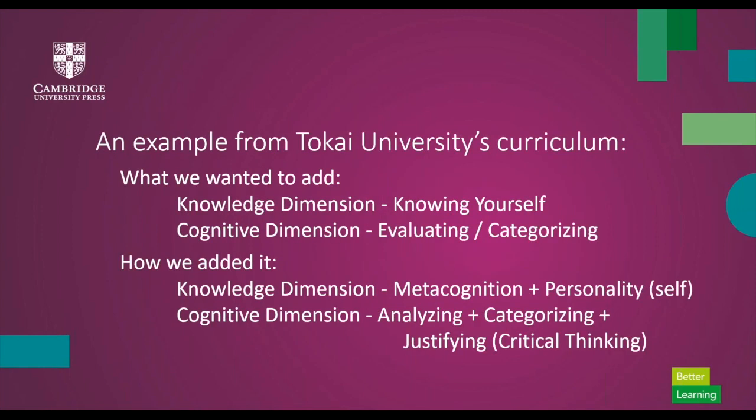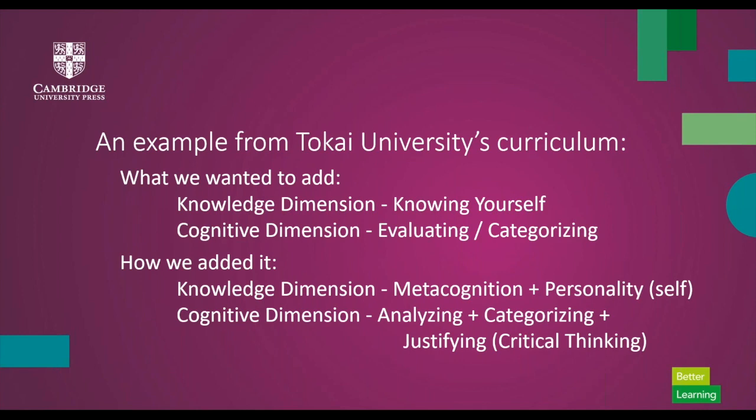So this is what we ended up deciding on at our curriculum. We wanted to move into more metacognitive knowledge dimension. So knowing yourself and looking at evaluating and categorizing. So moving even further into higher order thinking skills into evaluating. How we did this was personality.